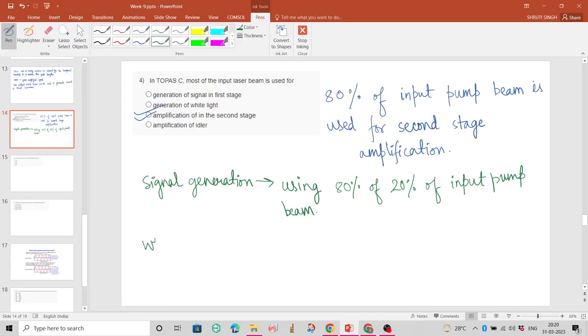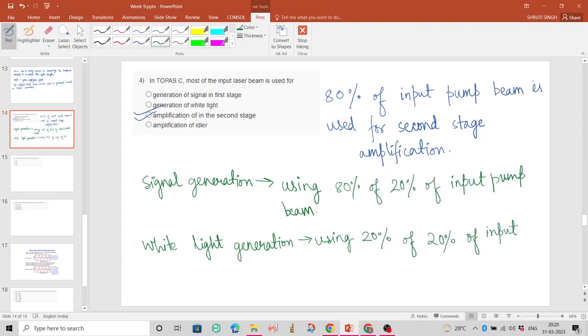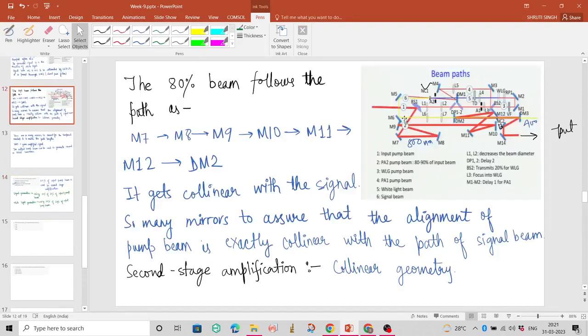And white light generation using, okay. So if you write in this diagram, here we suppose we give x.